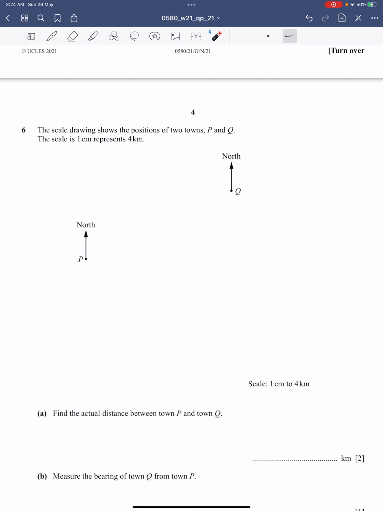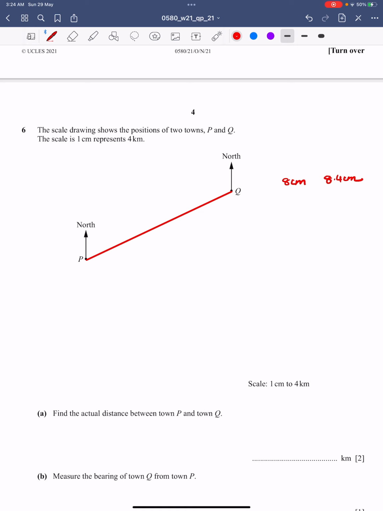So we connect the points P and Q using a scale, and we use our scale to measure the length in centimeters. This length should be between 8 centimeters to 8.4 centimeters, depending on the print.